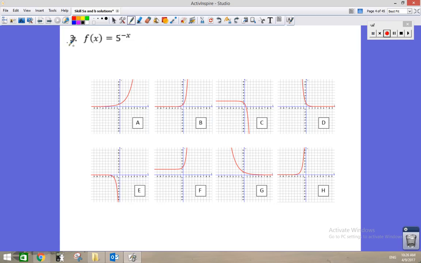Remember that in problem number 1, the graph was B. If I reflect this across the y-axis, it still has the y-intercept of 1, but instead of being at (1, 5), it's at (-1, 5). Like I say, it's been reflected across the y-axis. So if I look among these choices, it looks like it's right here, choice D.